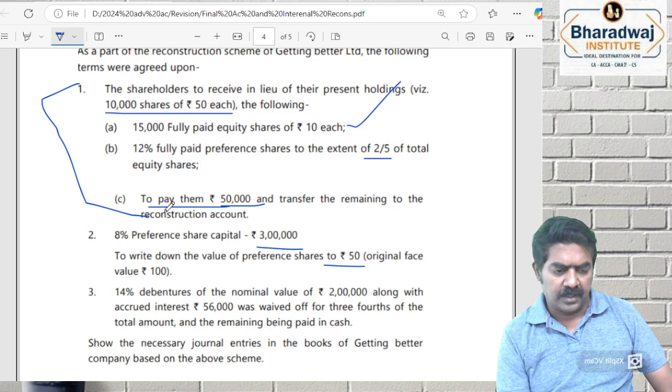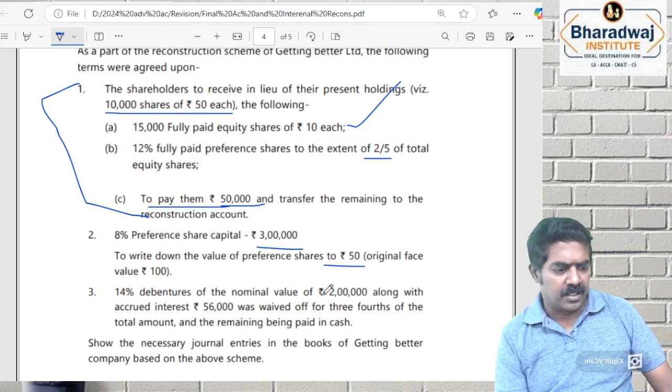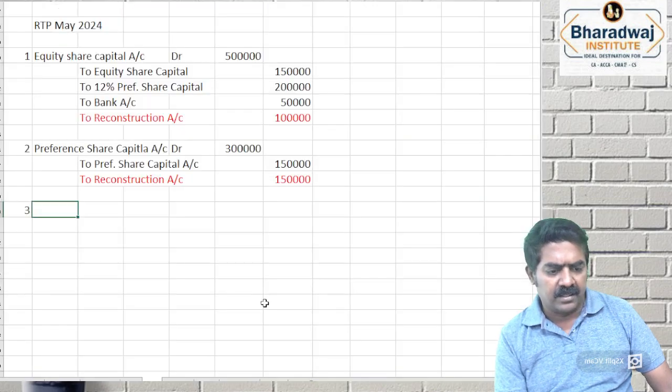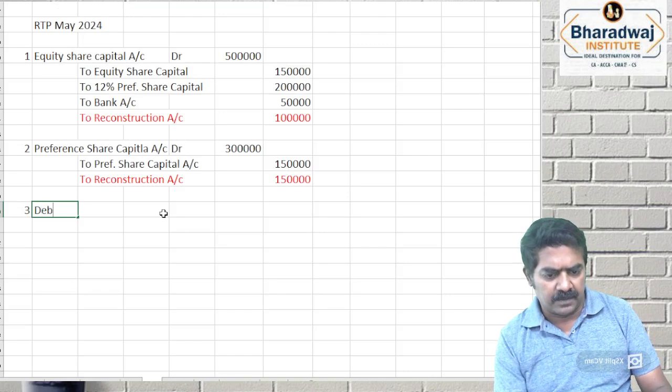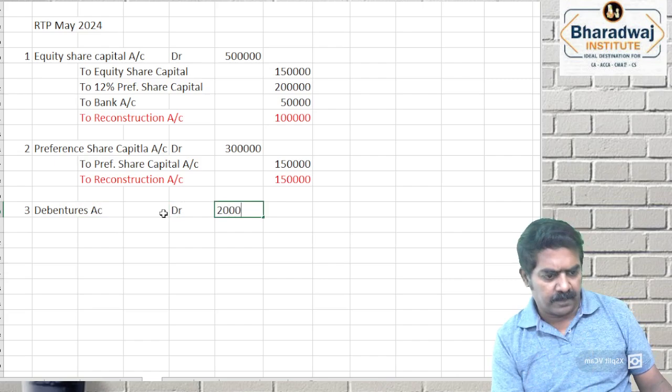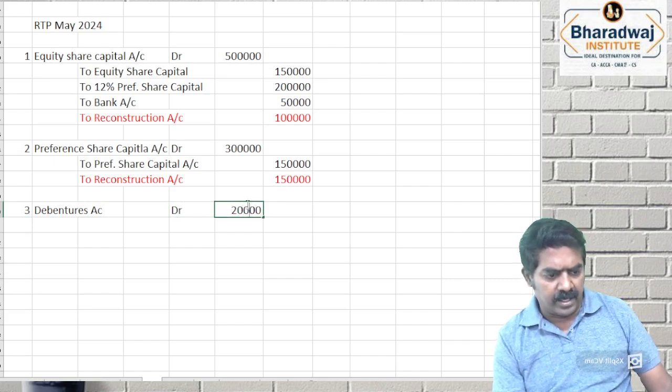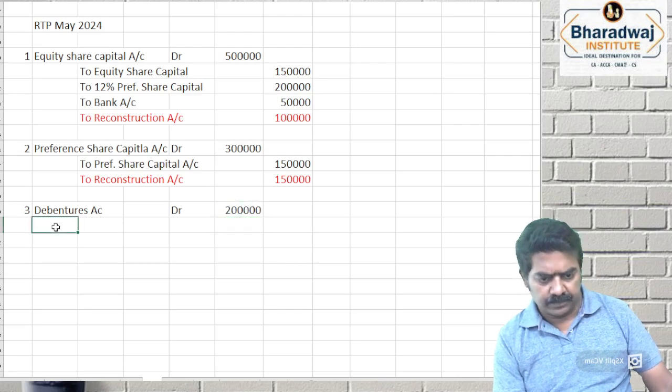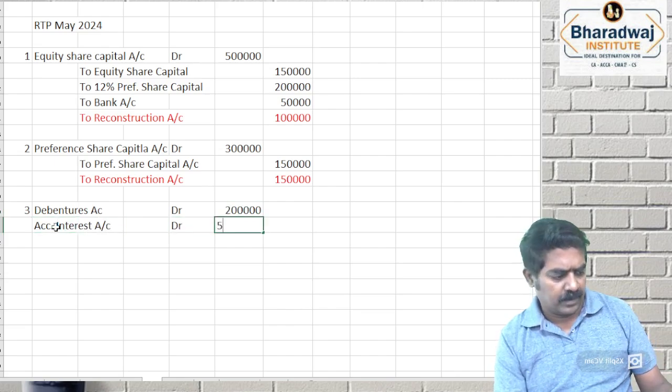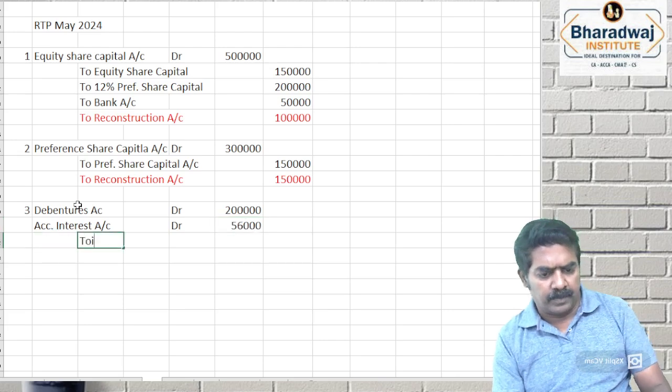Third part. Thirdly, debentures nominal value 2 lakh, accrued interest 56,000, total, 3/4 waived, remaining paid in cash. So what is the entry you will pass? Debentures account, how much is there? 2 lakhs. Accrued interest, how much is outstanding? Put together, to bank, how much do we pay? 1/4.